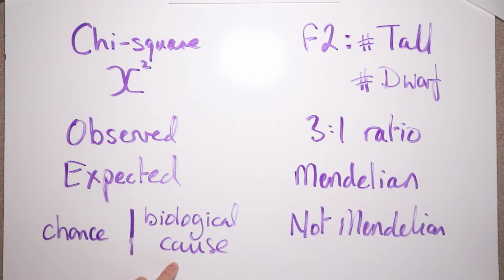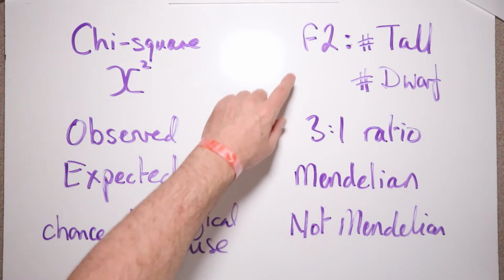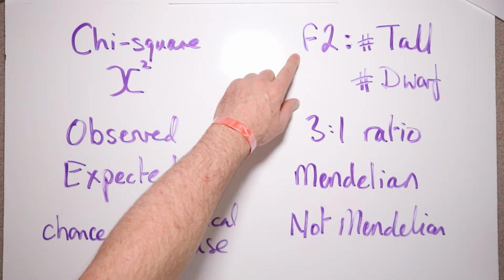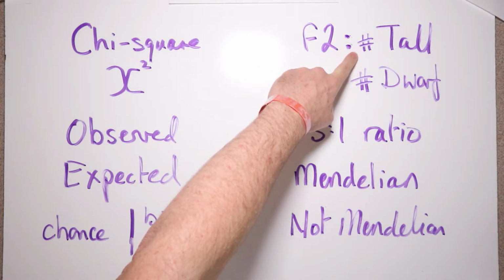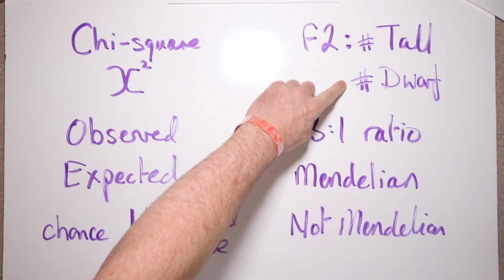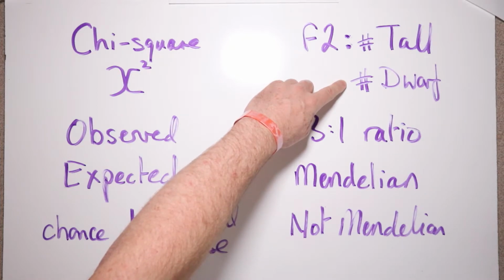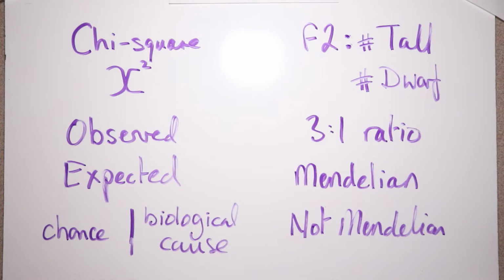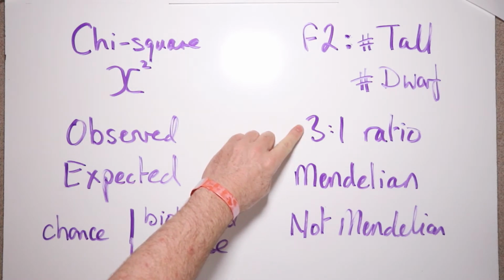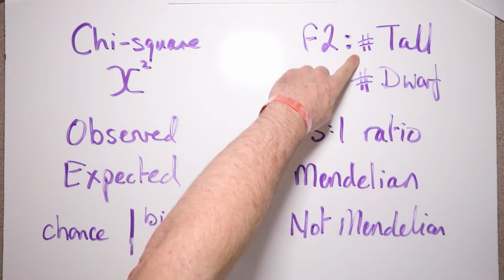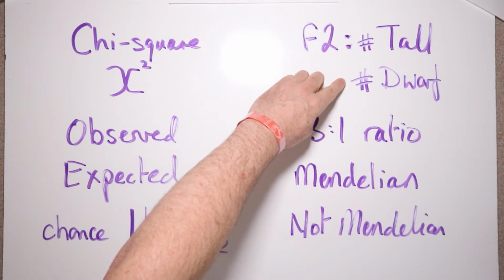So in our chi-square analysis, we're going to use our F2 data, which is the actual number of tall and the actual number of dwarf plants as our observed numbers, and then we'll compare the observed numbers to expected numbers of plants. Now in our case, our expected numbers will be calculated from the expectation of a 3-to-1 ratio of the number of tall plants to the number of dwarf plants.